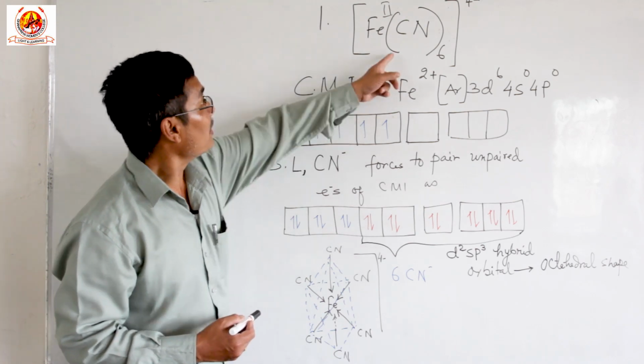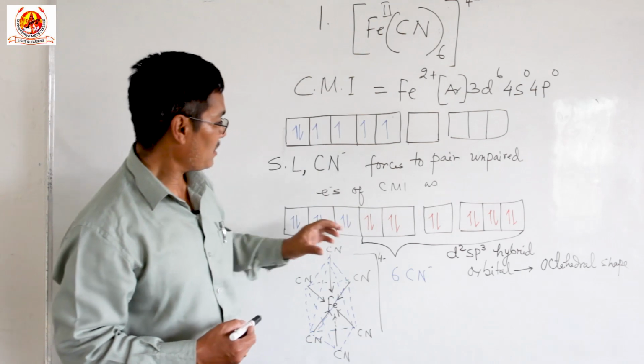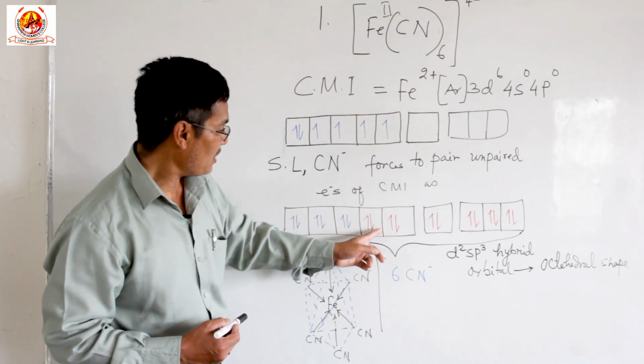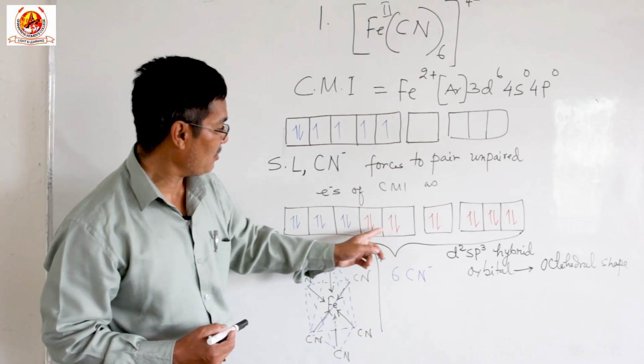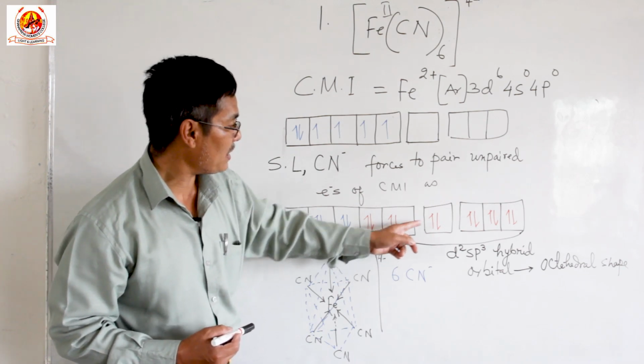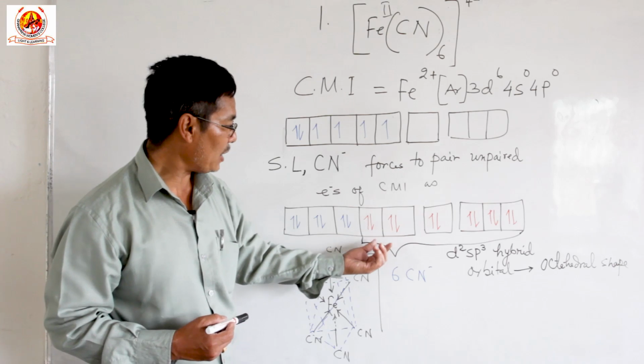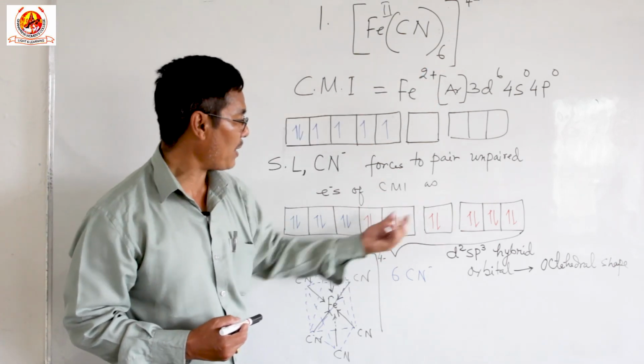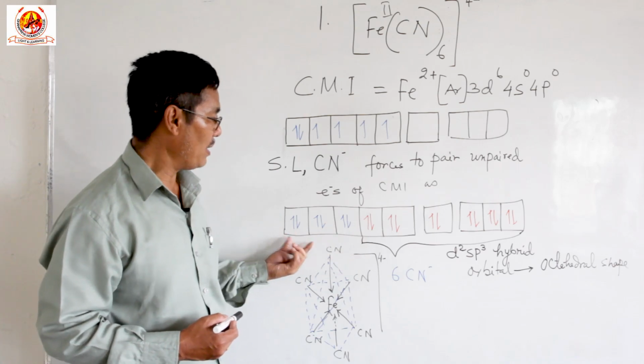And the ligand, CN, donates electrons to make the coordinate bond like this. The pair of electrons represented by the red mark is the electron pair from the donor ligand. Here the 6 ligands donate 6 pairs of electrons to the central atom like this.